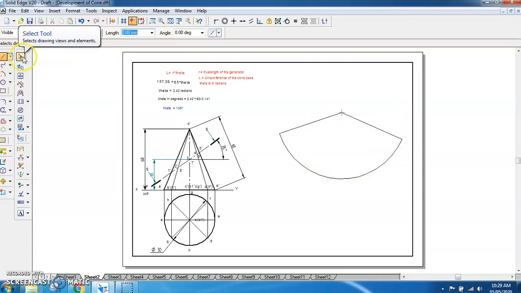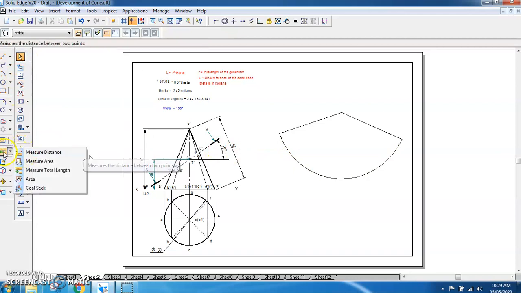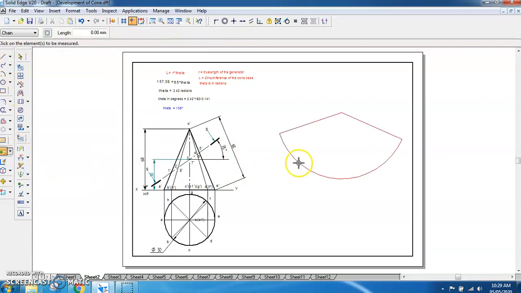Now if you check the length of this arc, again go to measure total length and click on this, it is taking all the things. So if you select only this one element, you are getting 156.56, but actually it is 157.08.